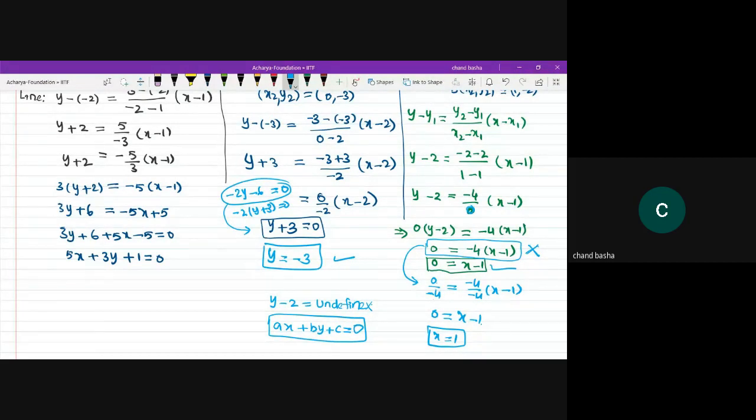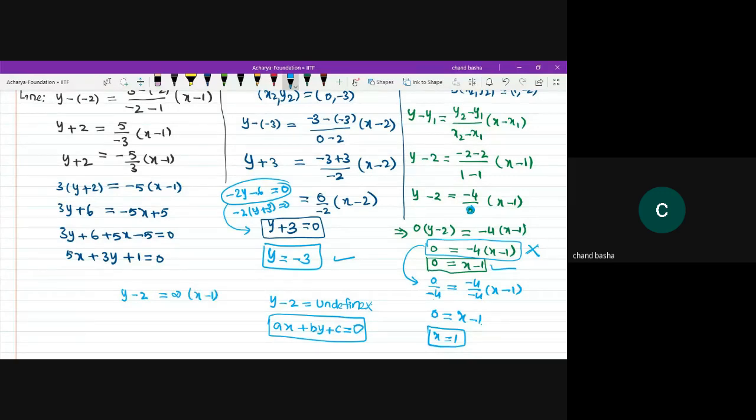You are absolutely correct in what you say, but guys, you people are not understanding this step. If you are moving like this, then we never understand. Linesha, you are so good. What she said is that she can write y minus 2 is equal to anything by 0 is undefined and x minus 1.